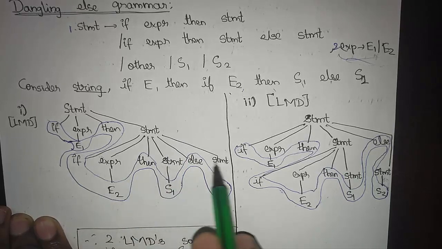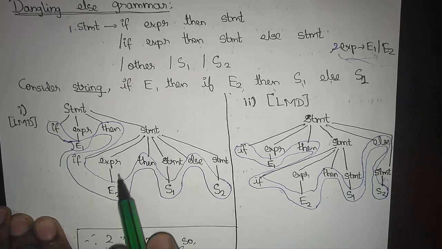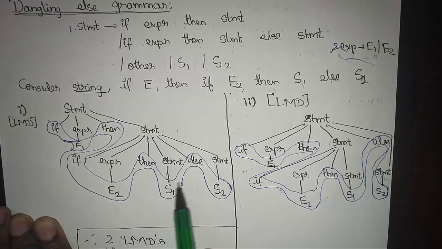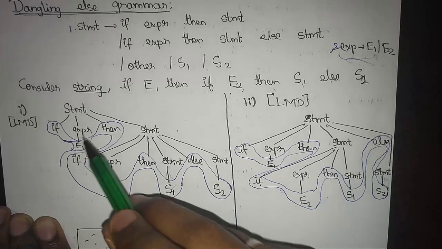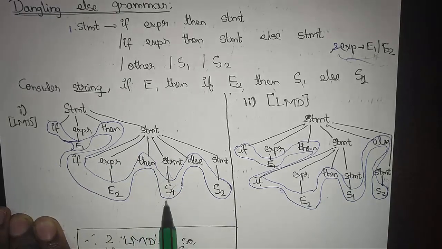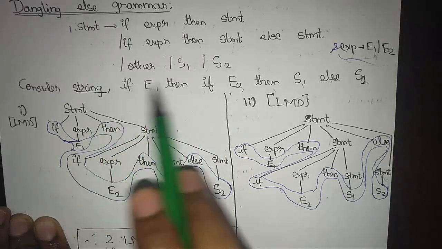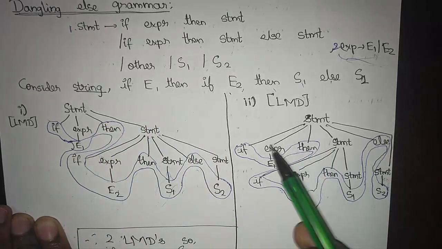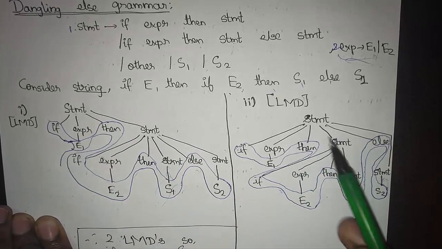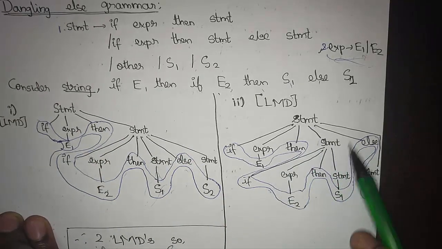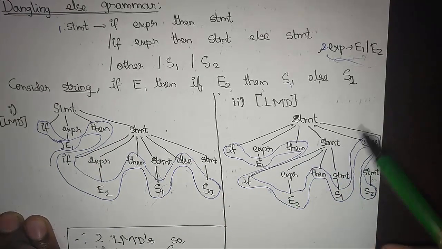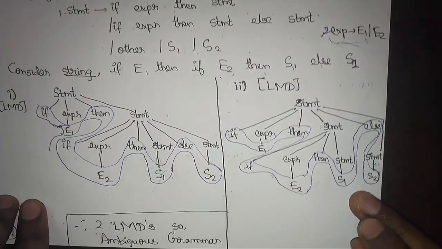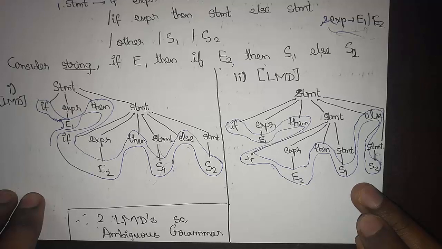From the first production again we expanded the statement, and then we got E2, and from the first production S1 and S2. So we are mapping this in order to show that we have derived the string. And similarly we have another leftmost derivation tree possible here too. You can understand the flow by watching the production rules. So we have two leftmost derivations.